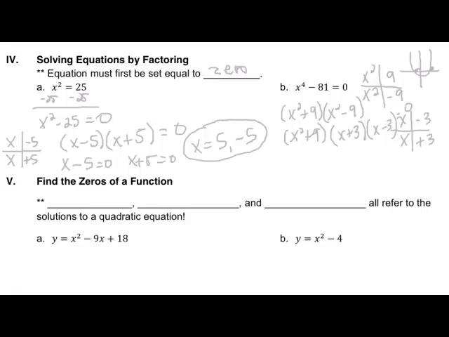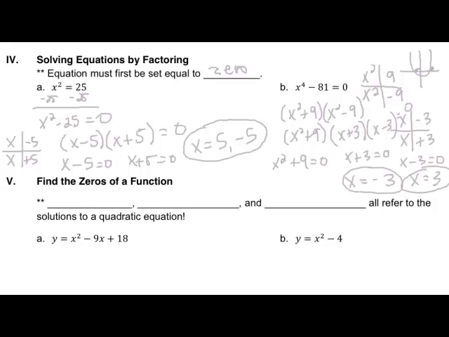So we first have x squared plus 9 equals 0, x plus 3 equals 0, and x minus 3 equals 0. If x minus 3 equals 0, then x equals 3 is one solution. X equals negative 3 is another solution.